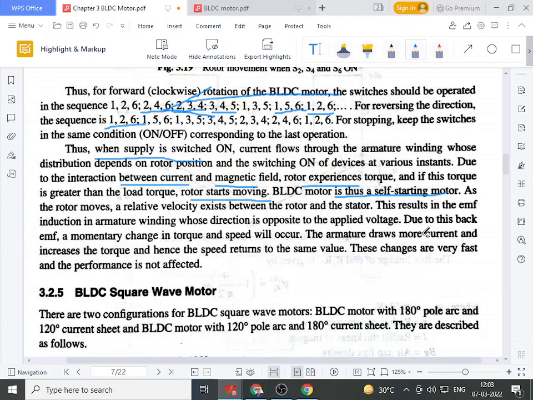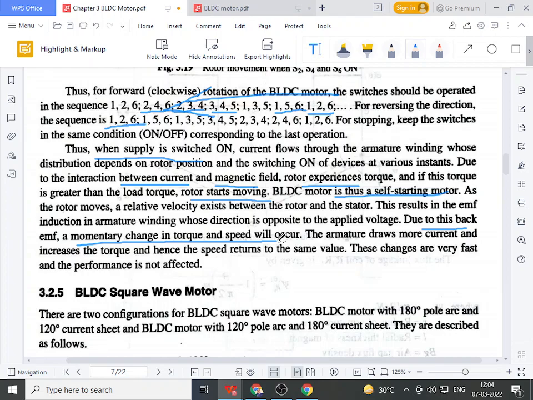So the same type of opposite EMF is generated inside the BLDC motor, and due to this back EMF, there will be a momentary change in torque and speed. Whatever change in torque or speed there is, is due to the back EMF which is developed inside the armature winding.